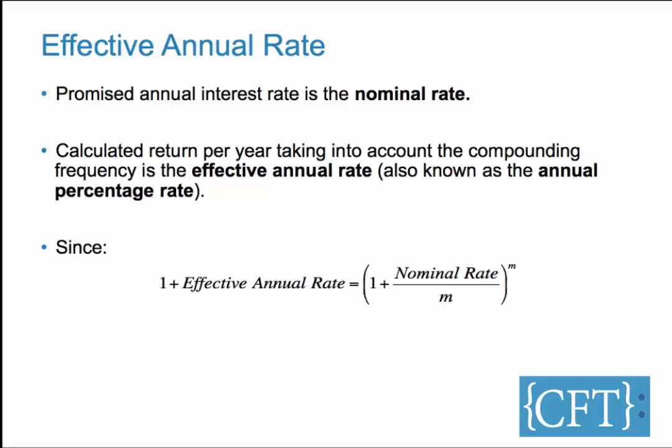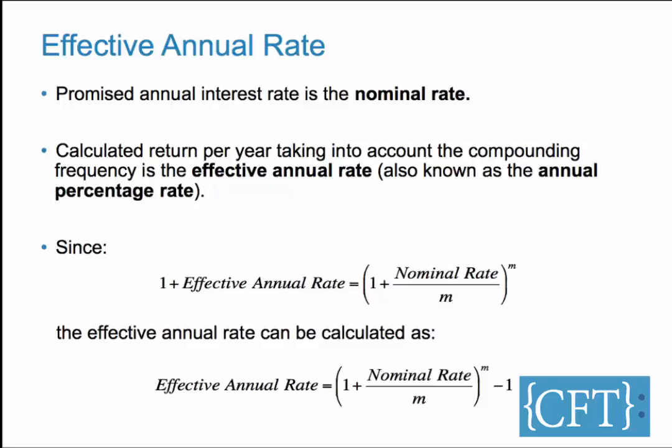Since the effective annual rate is how much we actually earn over the course of the year, it can be related to the nominal rate by applying the nominal rate, taking into account the number of times that we receive interest payments during the course of a year. In the formula, this is represented by M. Turning this formula around tells us how we can calculate the effective annual rate.